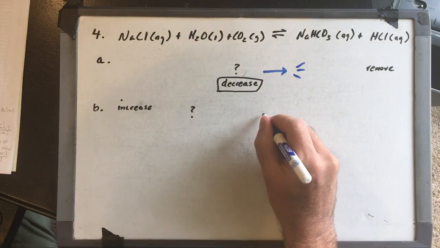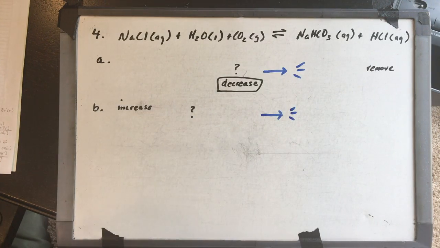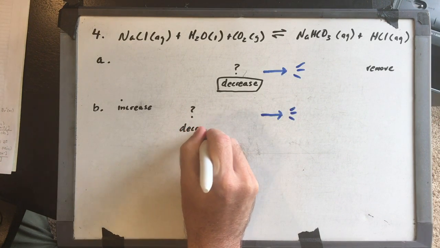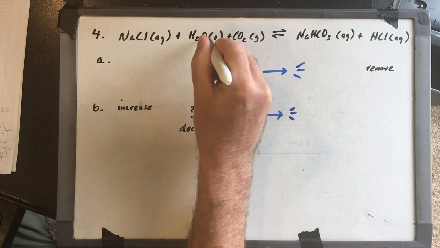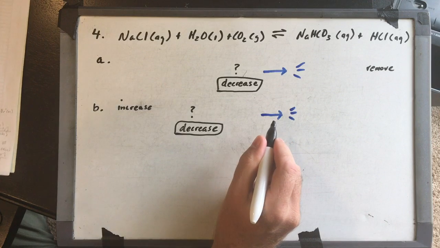The left side will get the hose and shoot it towards the right. So that will end up decreasing the amount of H2O, all right, because it's on the back end of the hose.